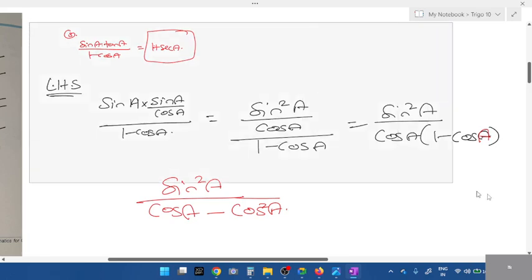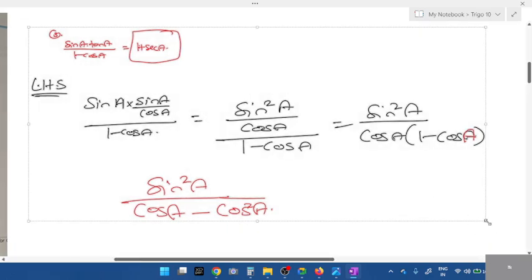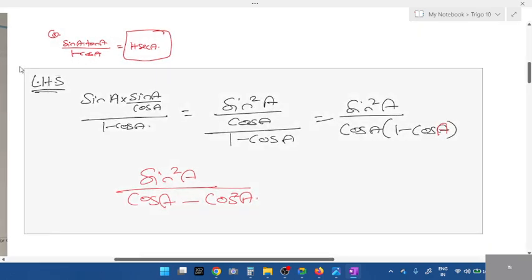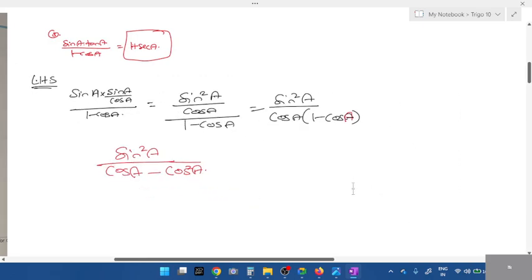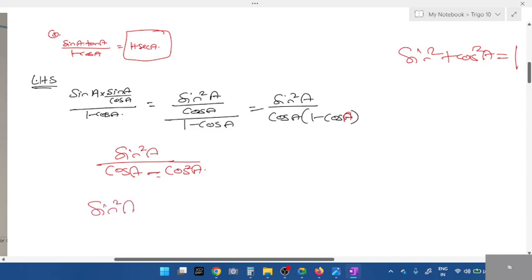Now, in the numerator we have sin square A, just keep it as it is. In the denominator, cos A and cos square A are given. Whenever cos square is given, use the square formula: sin square A plus cos square A is equal to 1. Here, sin square A I keep as it is.